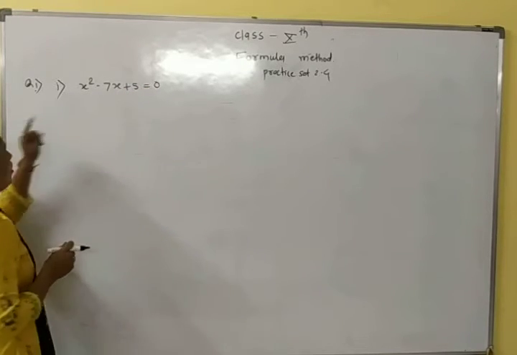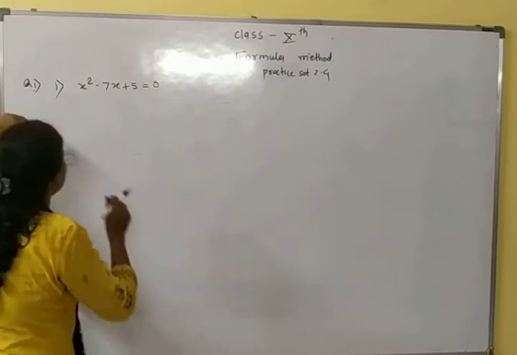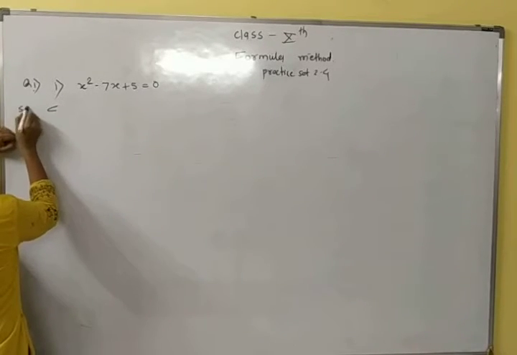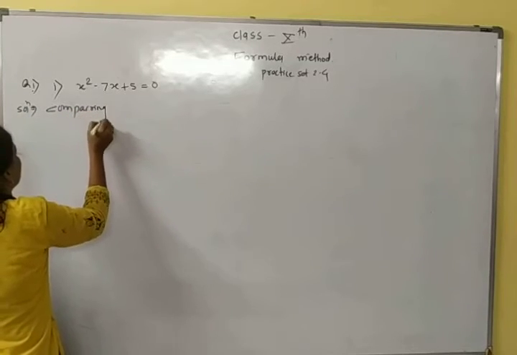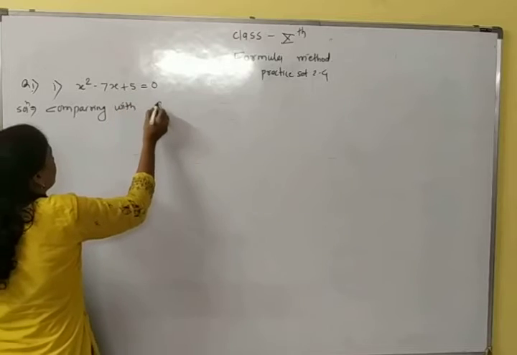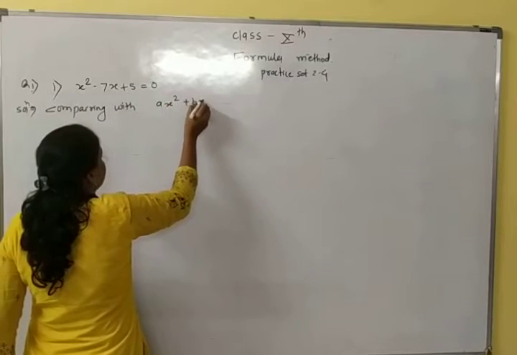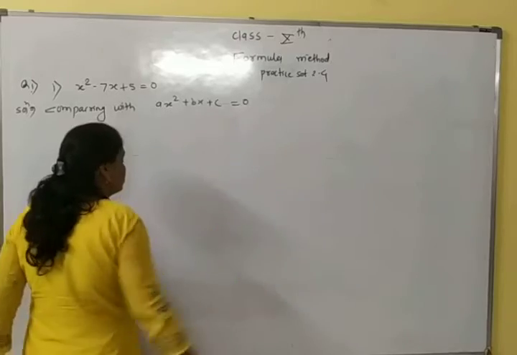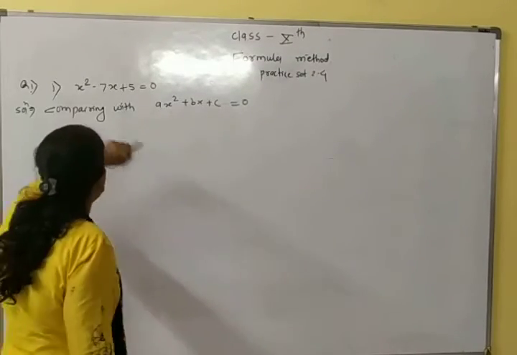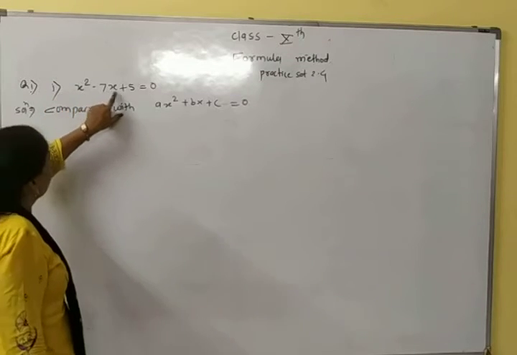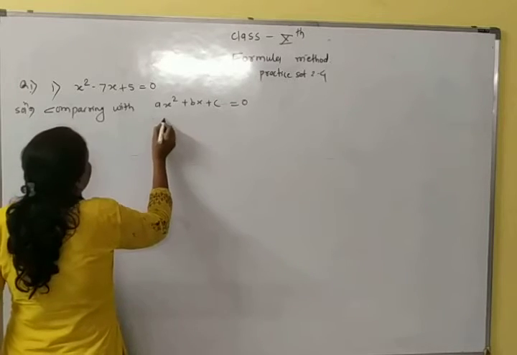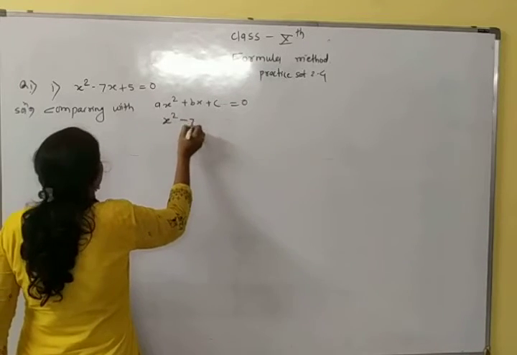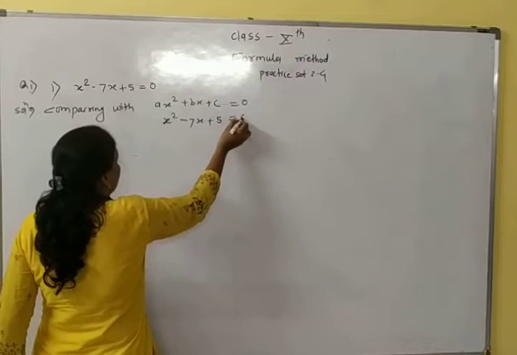First, we have to compare with the general form of a quadratic equation, ax² + bx + c = 0, and find the values of a, b, c. Our given equation is x² − 7x + 5 = 0.